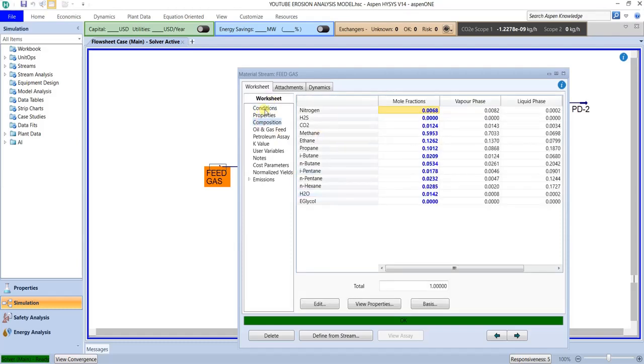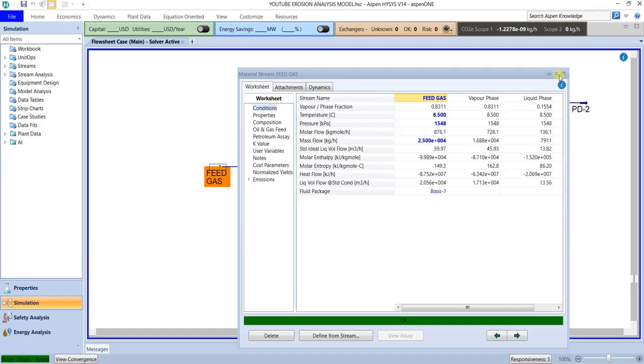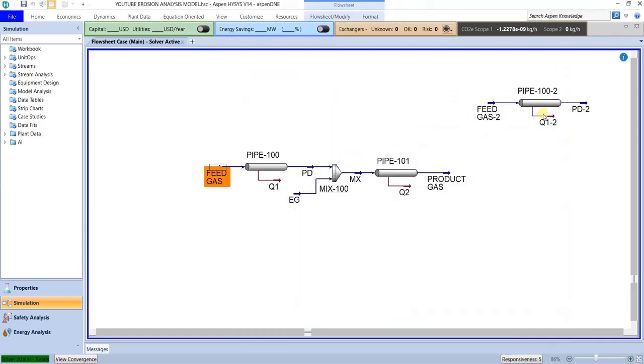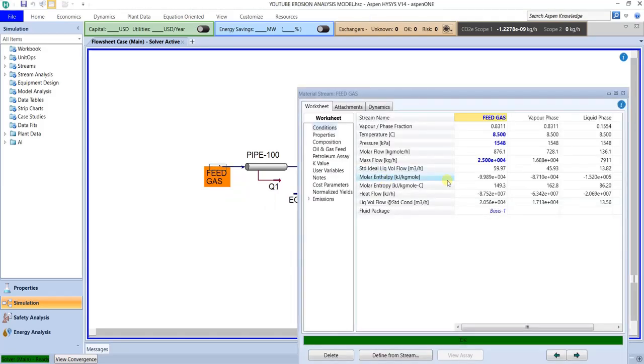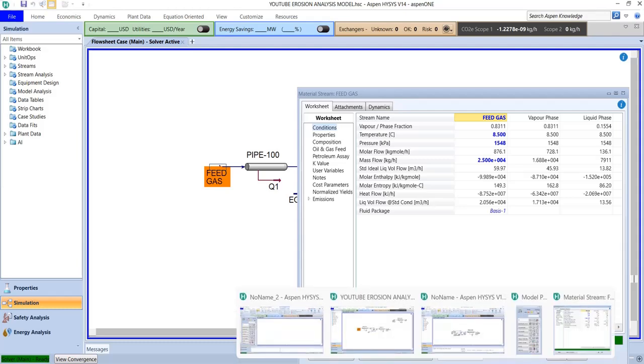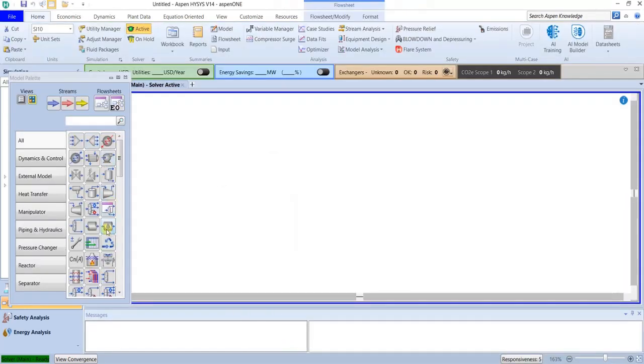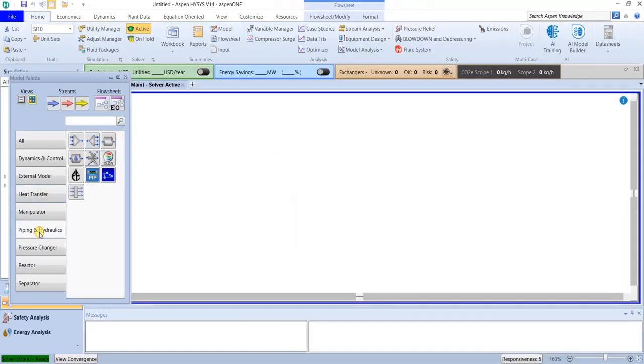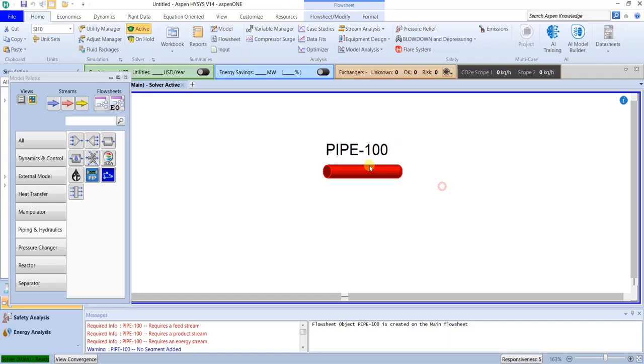Okay. So we have 8.5 degrees Celsius, pressure of 1548. So we can bring out a pipe from the piping and hydraulic section of the model palette.